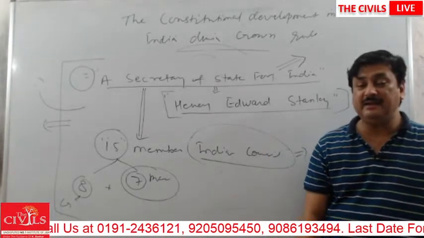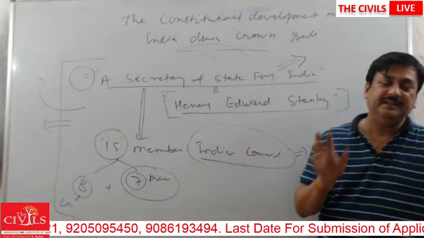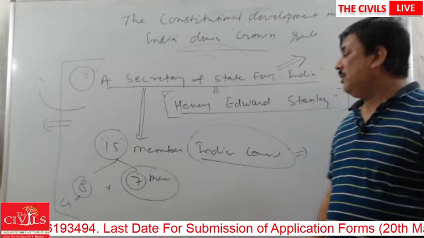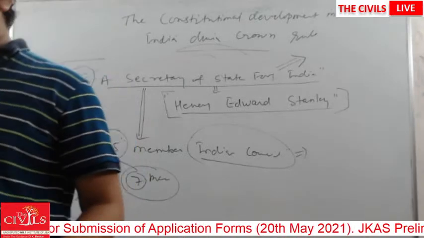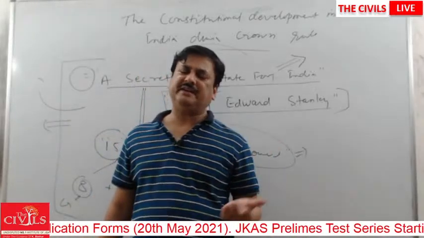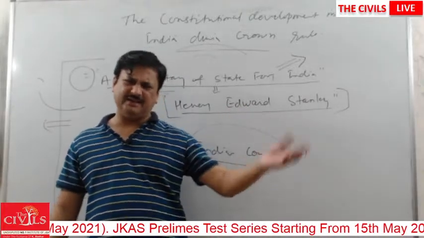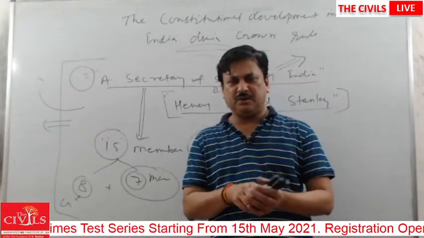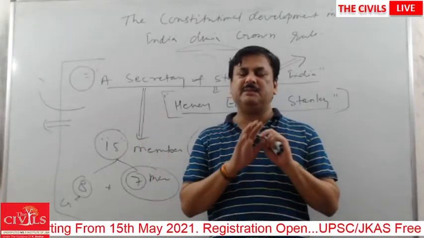Apart from that, a new system was created. First of all, the dual government system, the Court of Directors and the Board of Control, which had been ruling India from 1784, was abolished.